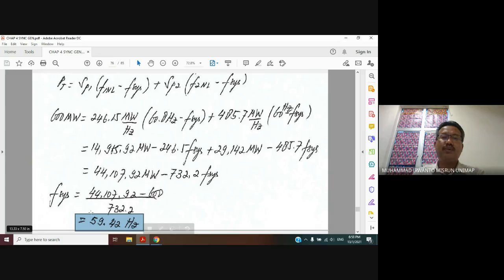Okay, and then question C asks what should be done by the operator if the system frequency is not 60 hertz.